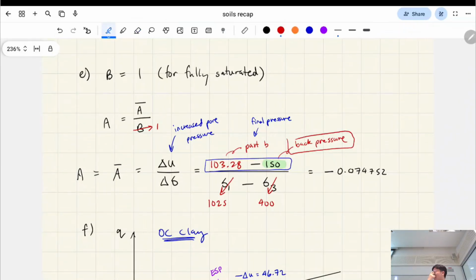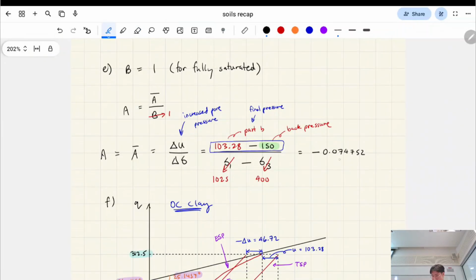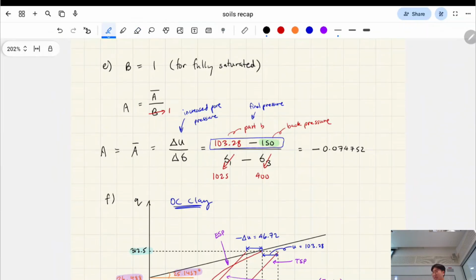Back pressure is kind of excess pore water pressure, and it's given in the question, in the data. In this case it's negative, and sometimes it'll be positive. Over-consolidated clays will probably give you a negative number. I'm saying probably because I'm 95% sure on that. Normally consolidated clays will give you a positive number for this.